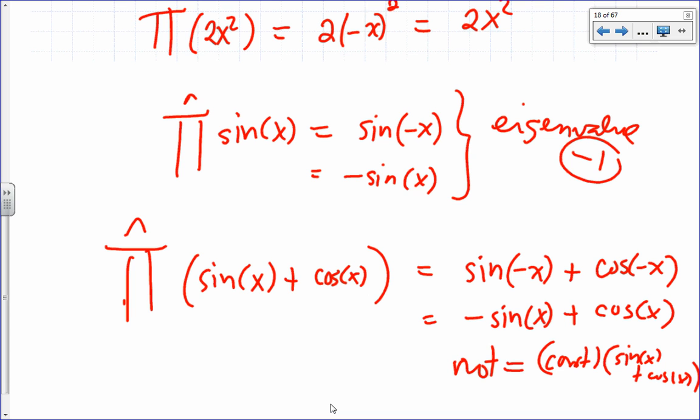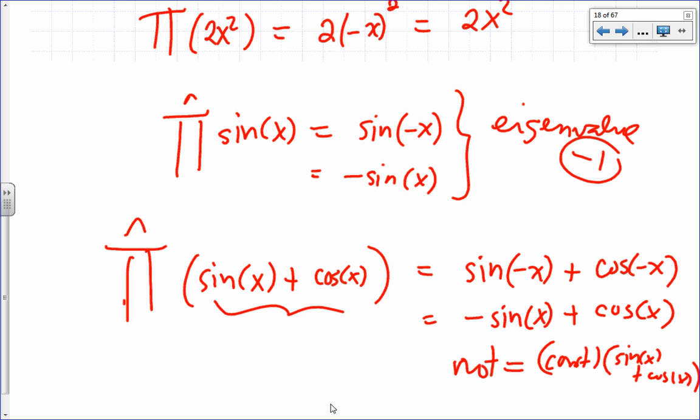Anytime you take combinations, this is what's called a linear combination. You have to take a linear combination when you're adding these functions. If you take a linear combination of odd and even functions, we say they're not eigenfunctions of the parity operator. So we say odd or even functions have definite parity. We say symmetric if the eigenvalue is plus 1, anti-symmetric if the eigenvalue is negative 1.